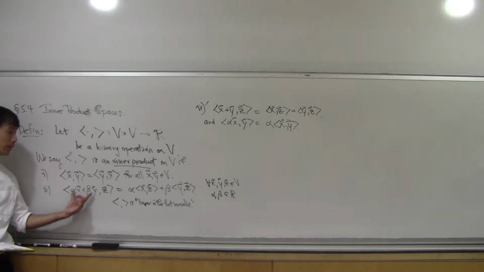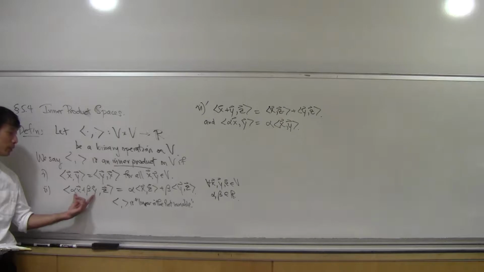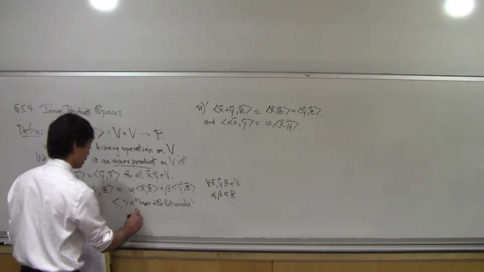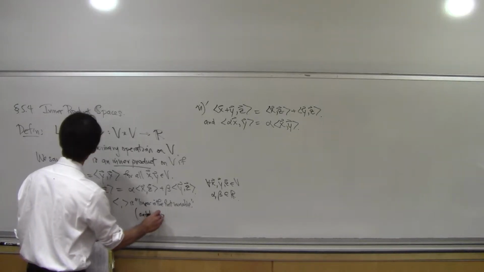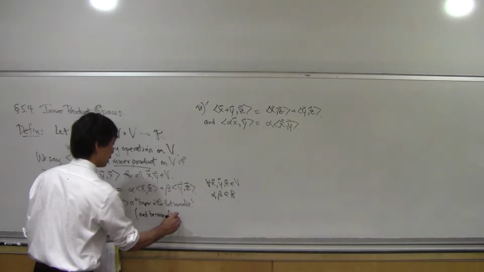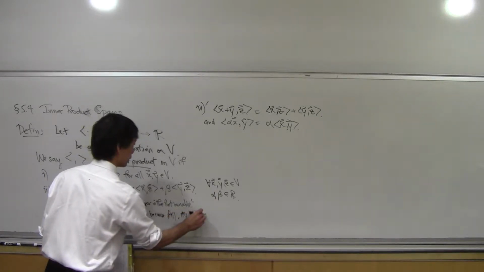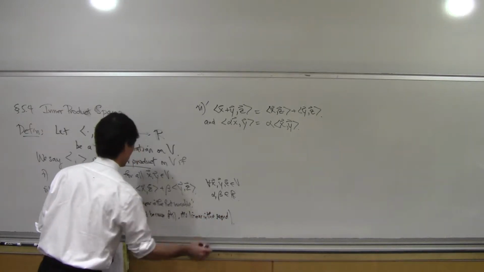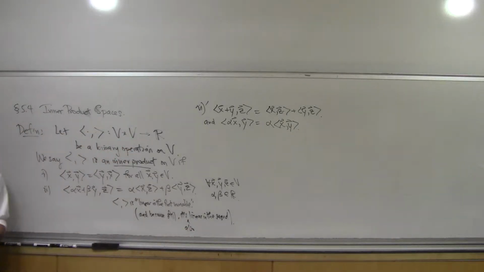Because if this stuff were in the second variable, you could just flip it, and then use the linearity in the first variable. So because of the commutativity and because of 1, it's also linear in the second.